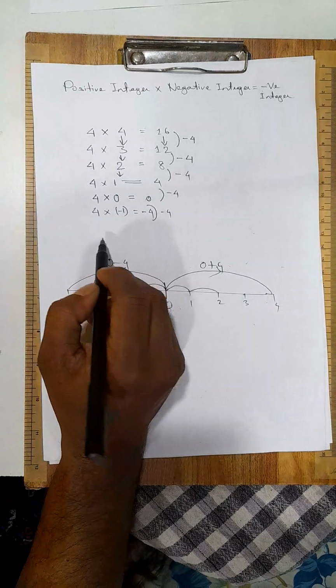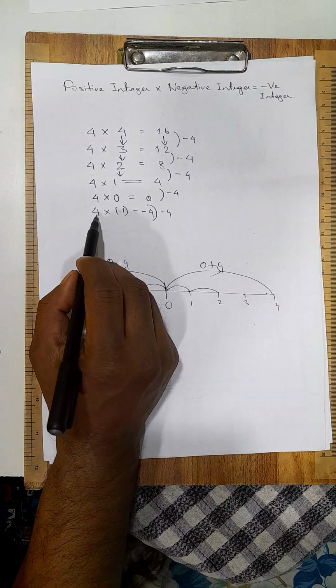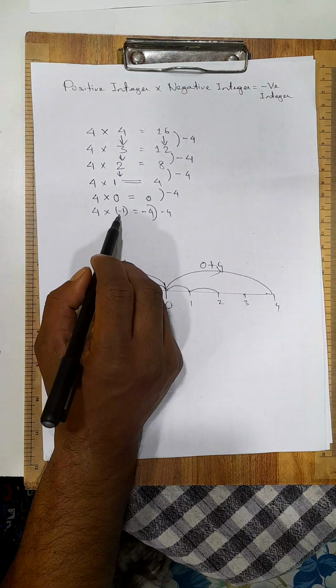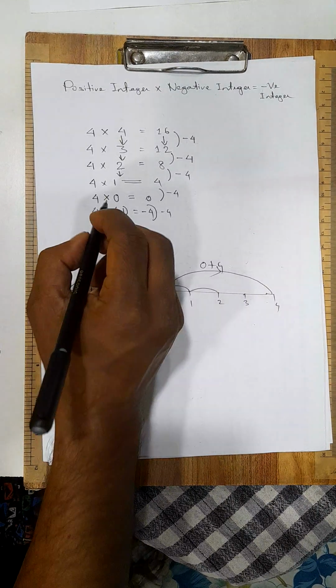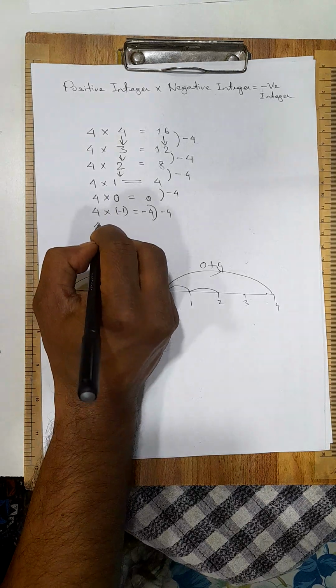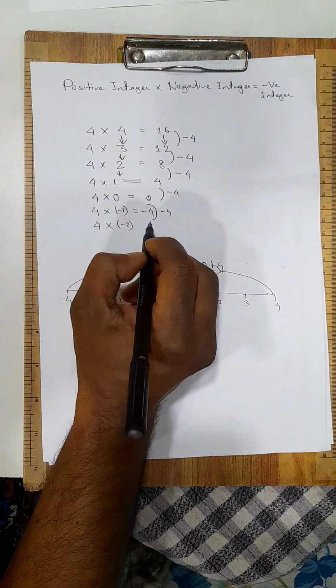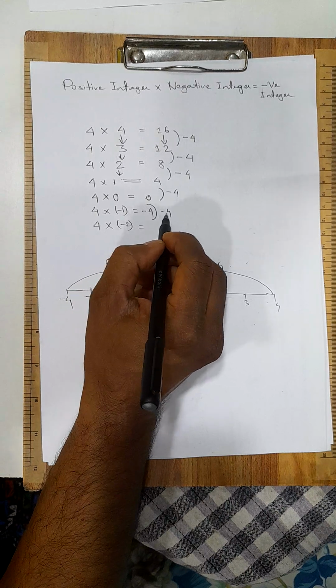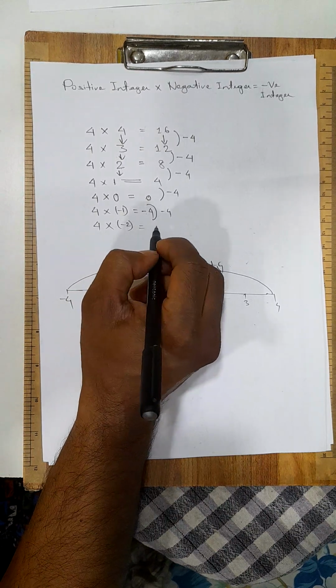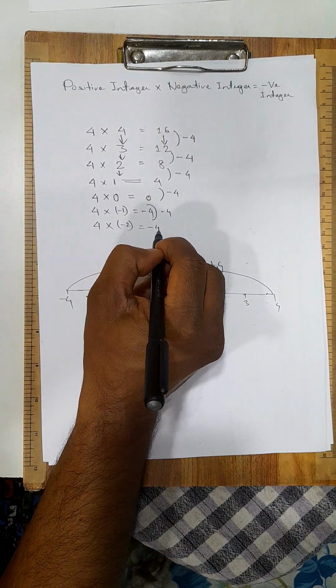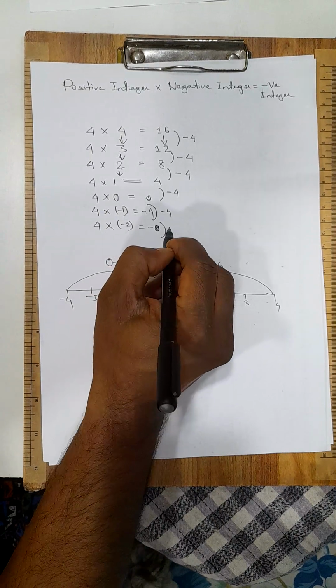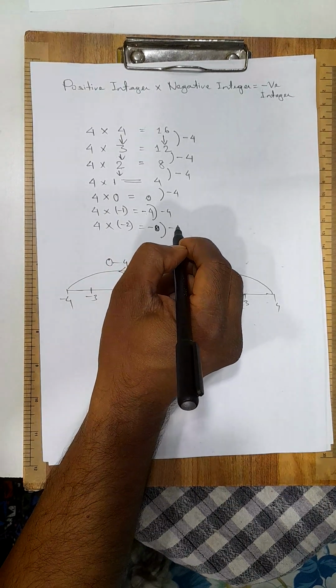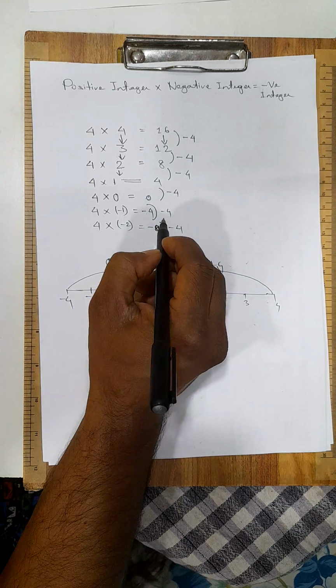That means we come to know that a positive integer multiplied by a negative integer is negative. If you go to the next step, 4 multiplied by minus 2, you will find that minus 4 minus 4 equal to minus 8. Again it is decreased by 4, right?